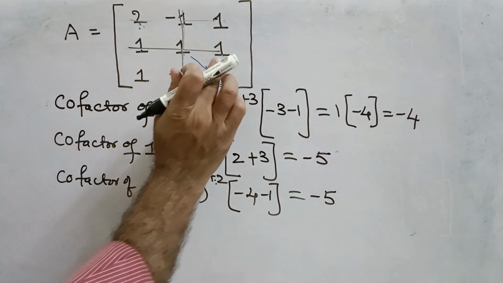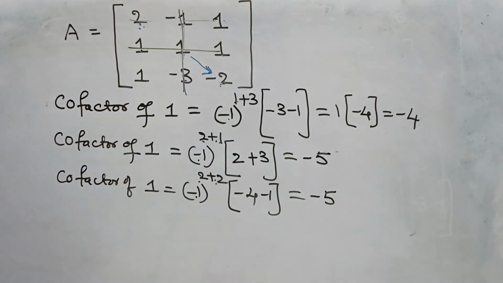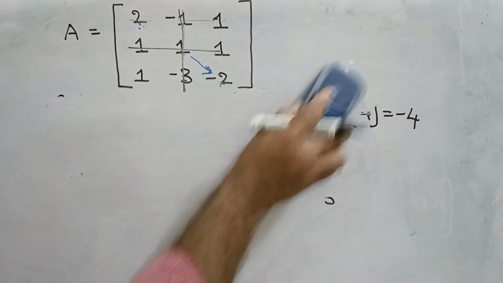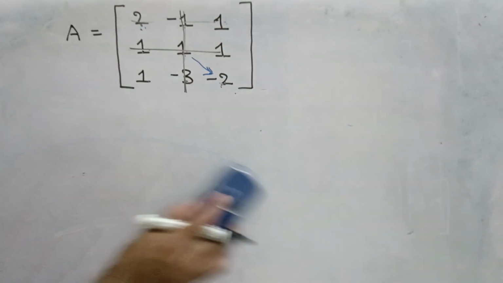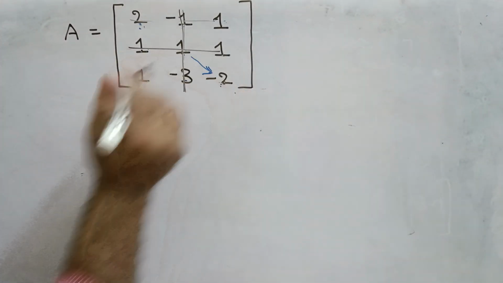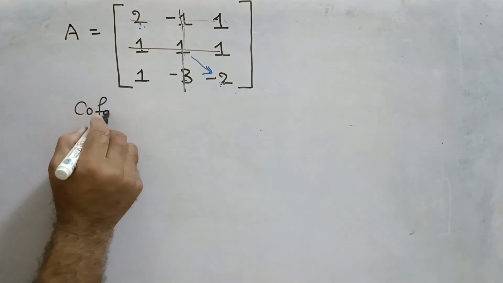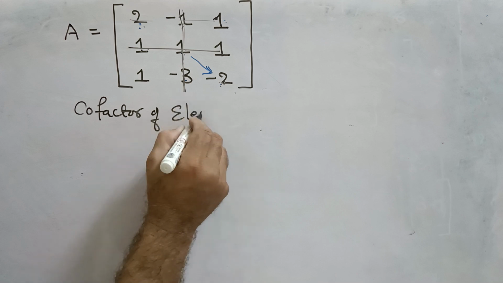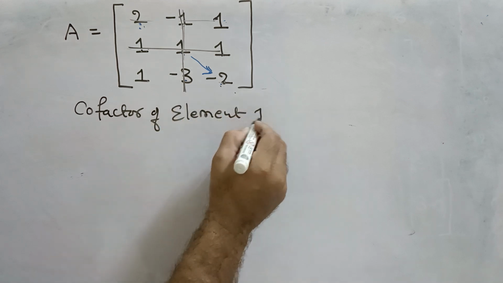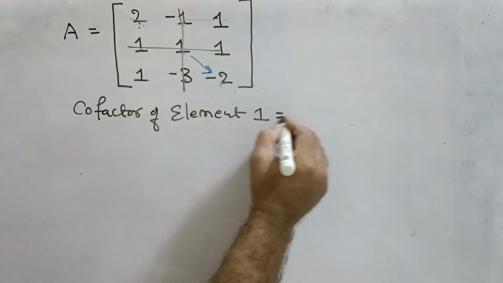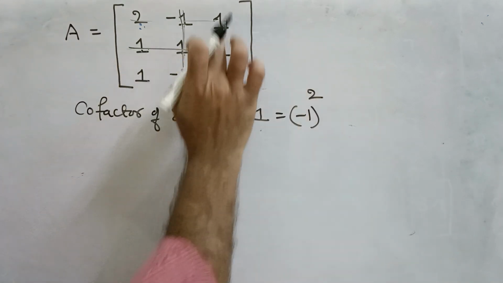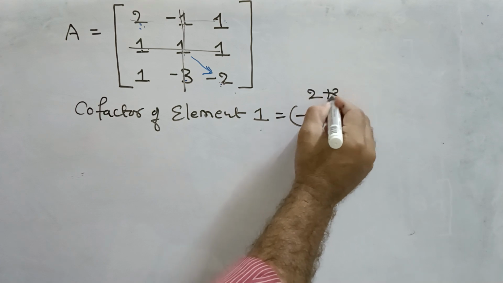And similarly, what is the cofactor with respect to the third one? Find out. Very simple. Nothing to fear. The cofactor of this element 1 is minus 1 whole power second row, third column, 2 plus 3.